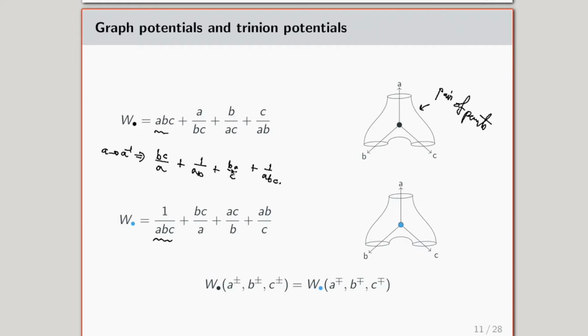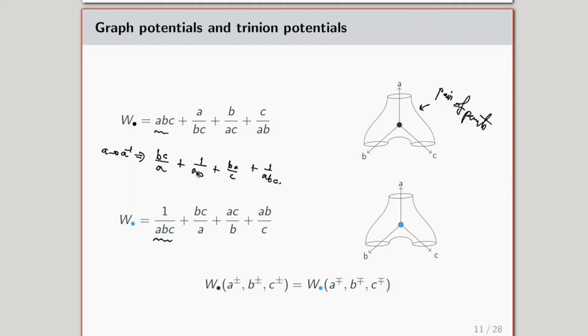As you see, if I just take one variable and replace it by A inverse, I get the other function. This is also true for any other variable, not only A, because the whole function is symmetric. And if you do it two times, then it just goes back and forth. So there is this relation.